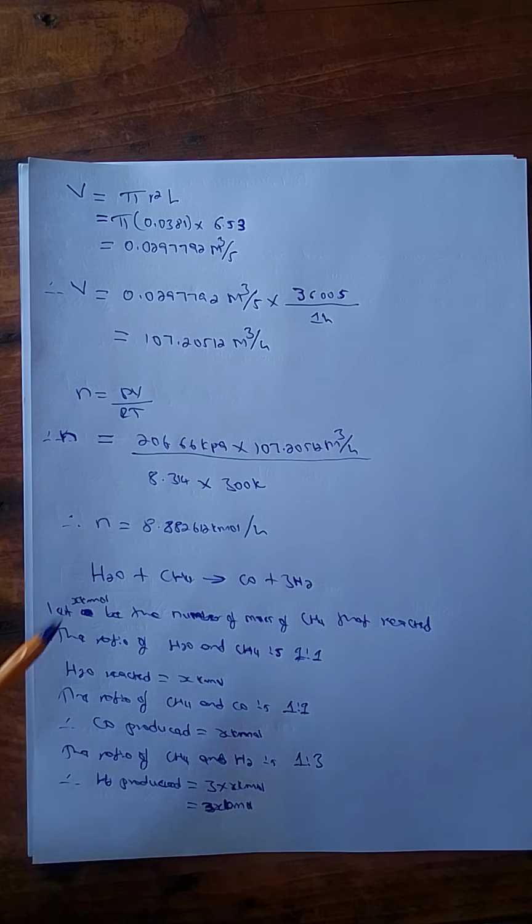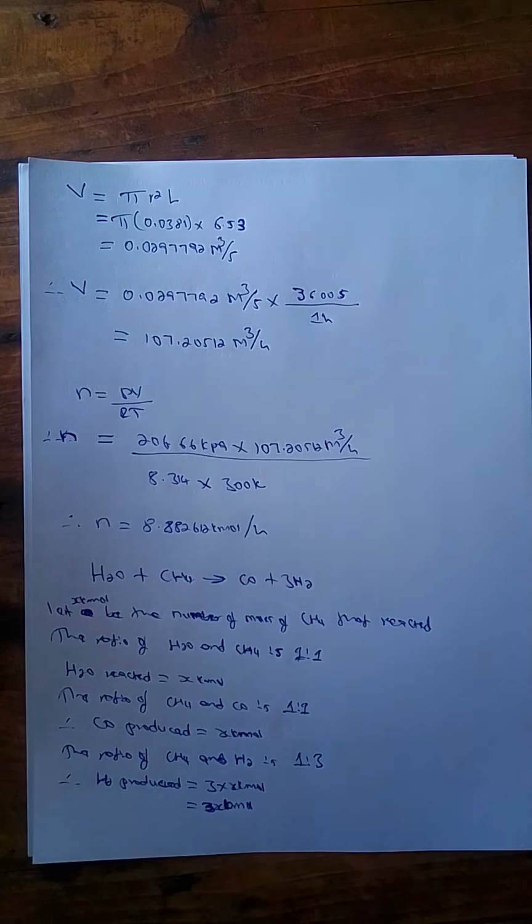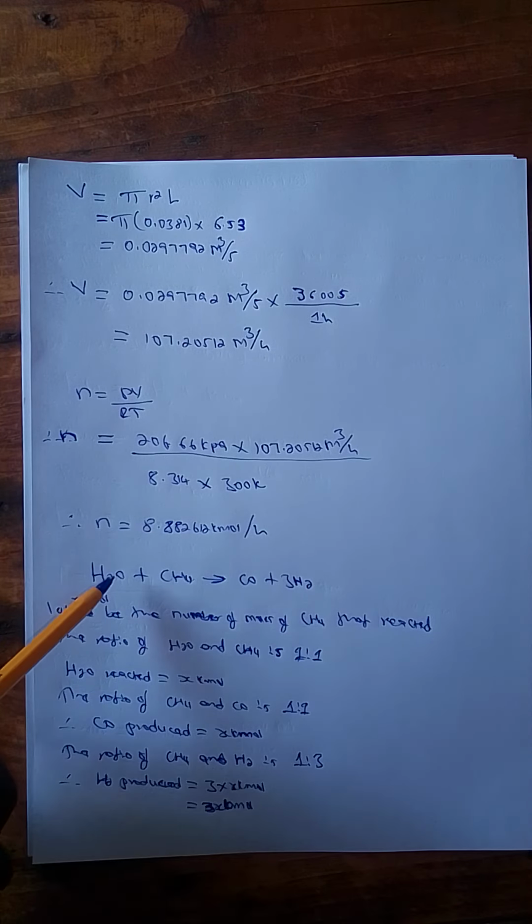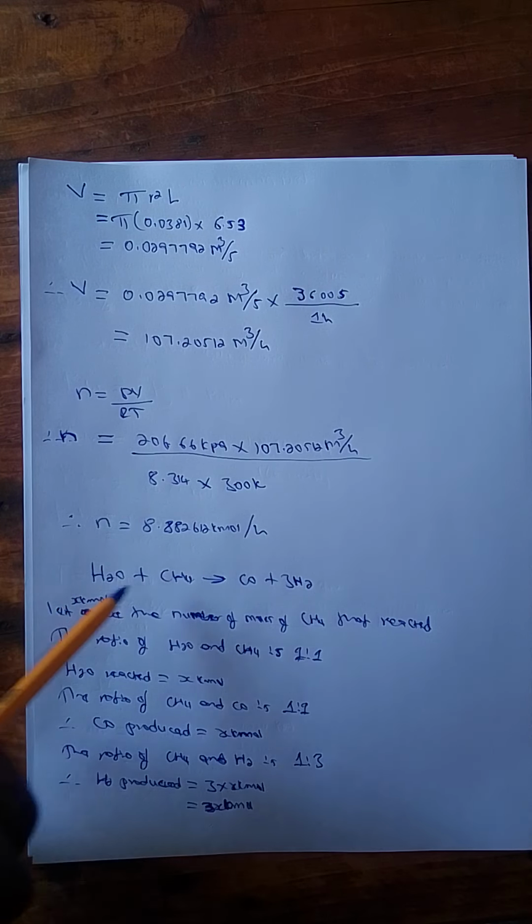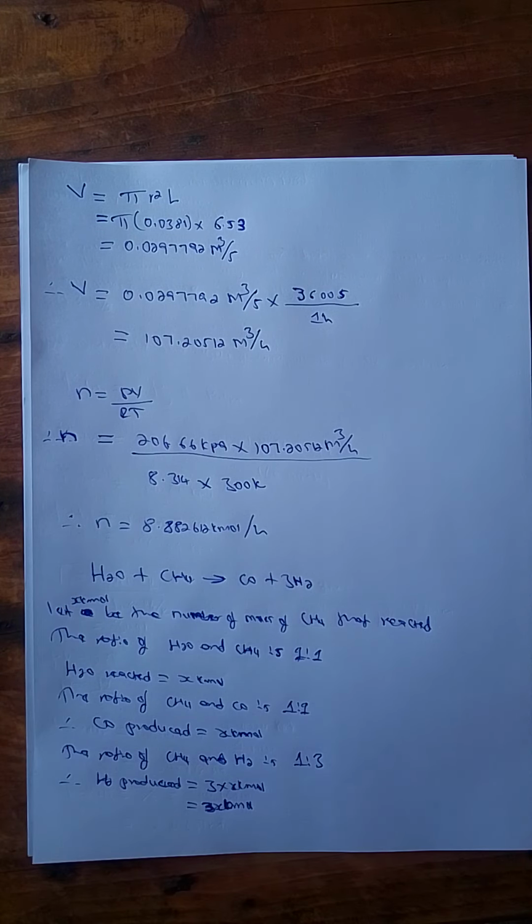So now we know how much of H2O reacted in terms of X, also how much of CH4 reacted, and also how much of CO and how much of H2 did form. But we have that in terms of X. This moves us to our following step, because remember I mentioned that in question A we already calculated how much of H2O and CH4 was in the feed gas.